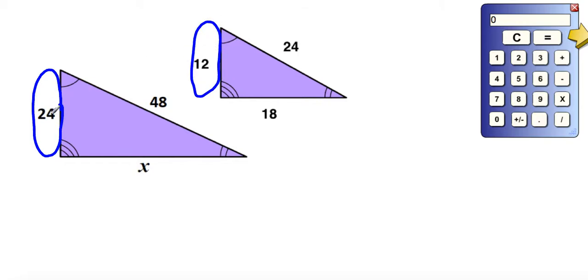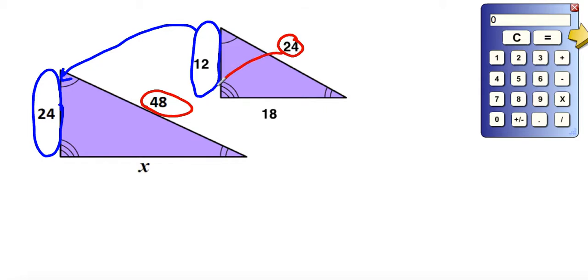And what this means is that these two sides correspond with one another. So I can use this to find the scale factor, and I'm going to have to find my scale factor going up. Because eventually I want to figure out what do I multiply 18 by to find my missing side. I can also use 24 and 48 because those correspond as well.